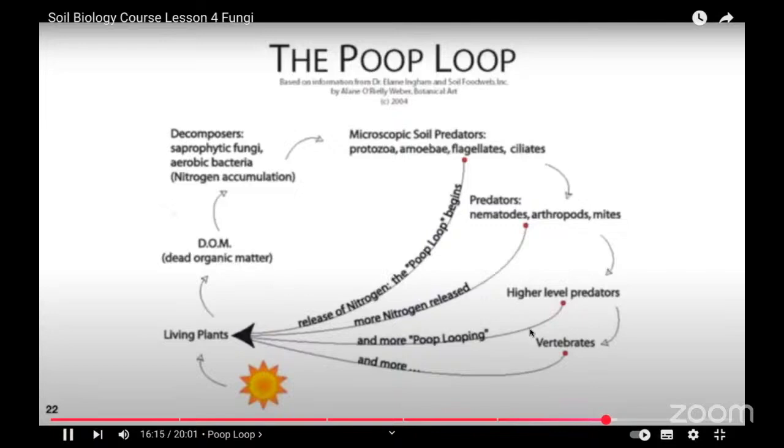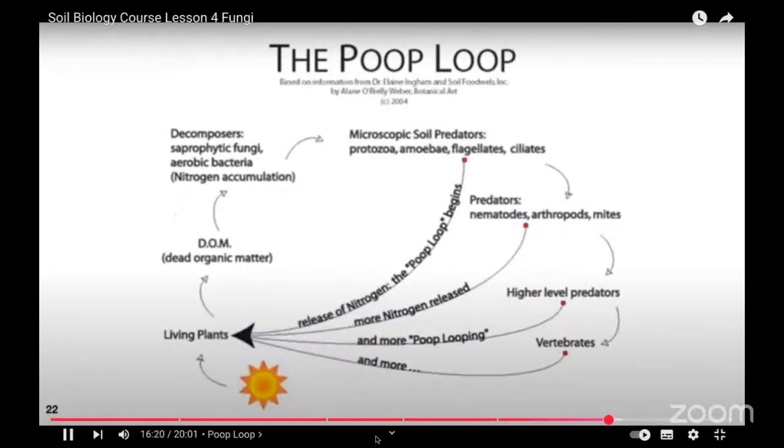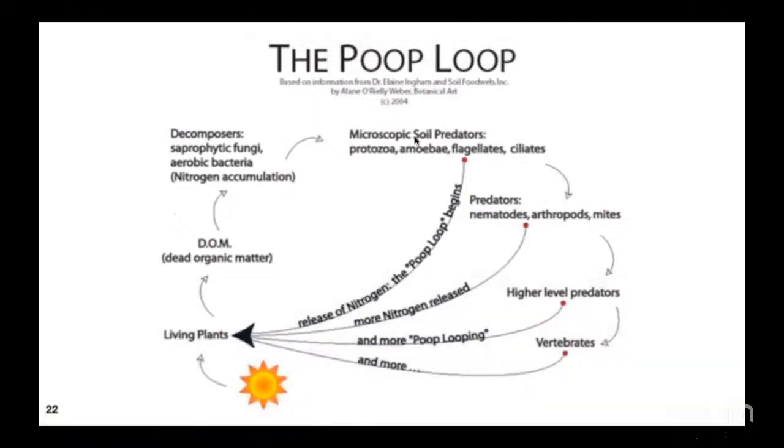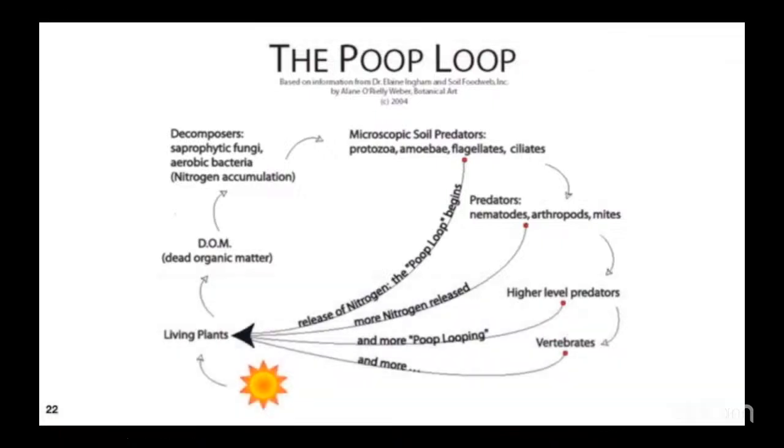We know that fungi are great decomposers. They therefore hold nutrients locked up in their structure, and they are also predated on by other organisms in the soil food web. These organisms cycle the nutrients back into the soil in plant available forms through the poop loop. Looking at this picture above the sun, we've got living plants that break down into dead organic matter. That dead organic matter is then taken up by the second trophic level in the soils, the decomposers, the saprophytic fungi and the aerobic bacteria, and they in turn accumulate nitrogen.